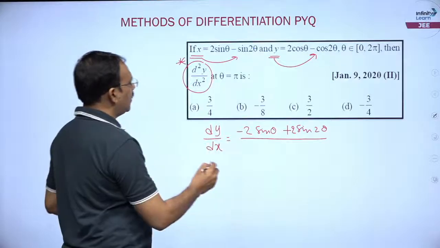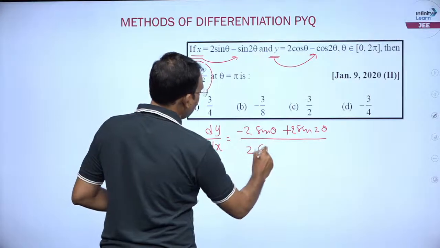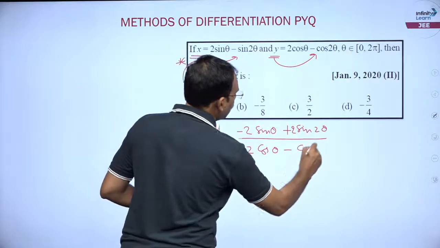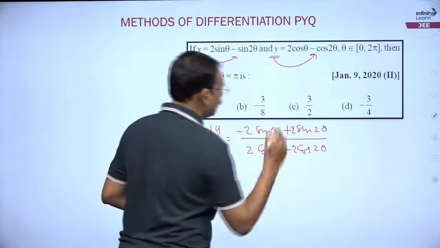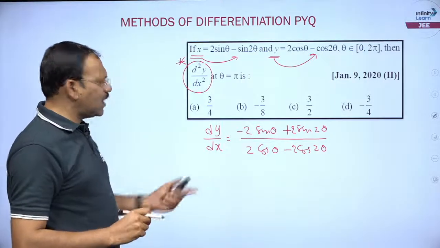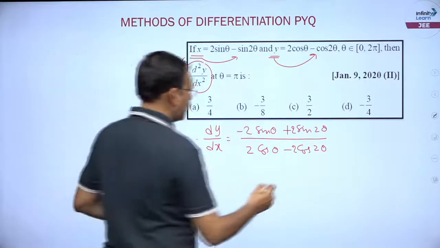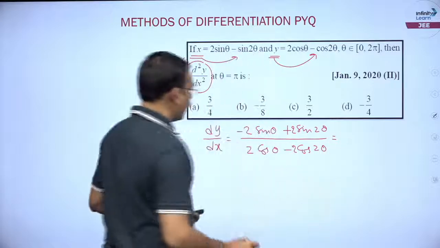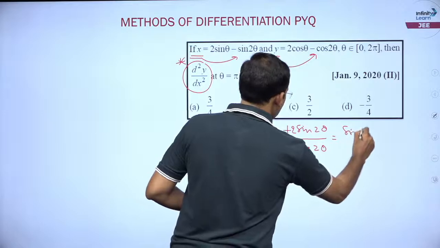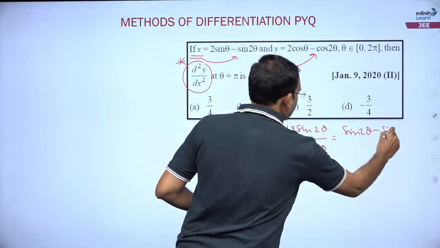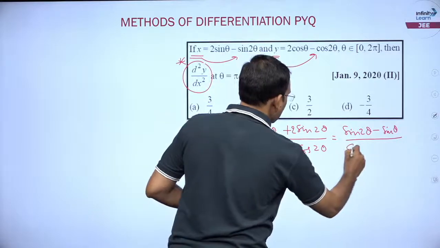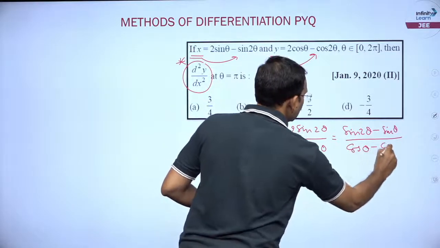So, its derivative 2 sin theta derivative cos theta minus sin 2 theta derivative cos 2 theta into 2. This is dx by d theta, right. Now, you can further simplify even this, you can take out 2, this is sin 2 theta minus sin theta by, this is you can say cos theta minus cos 2 theta.